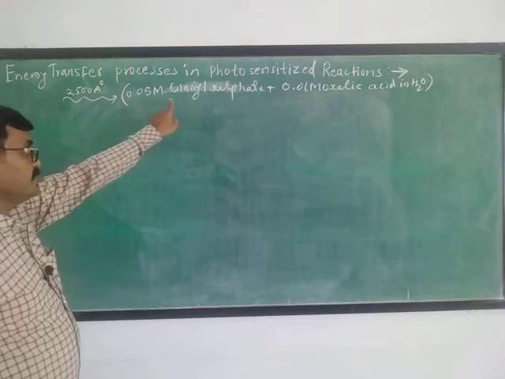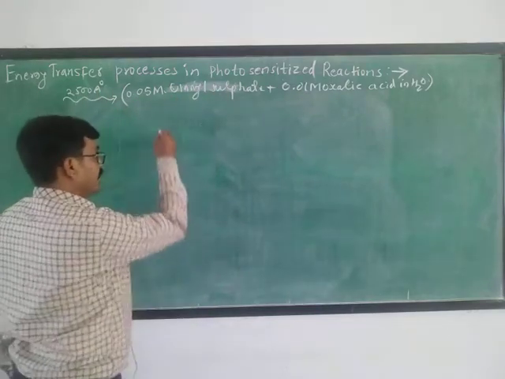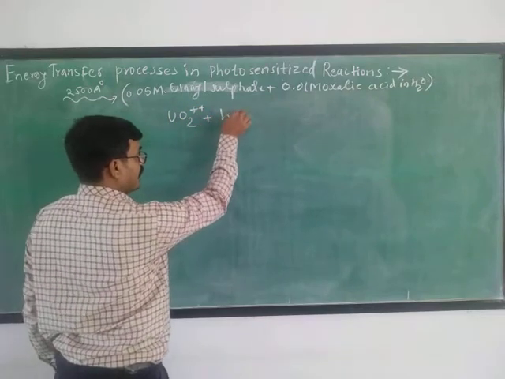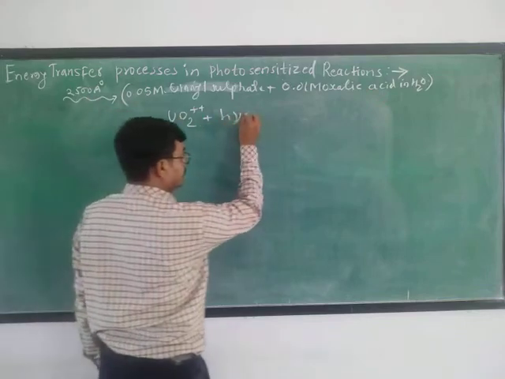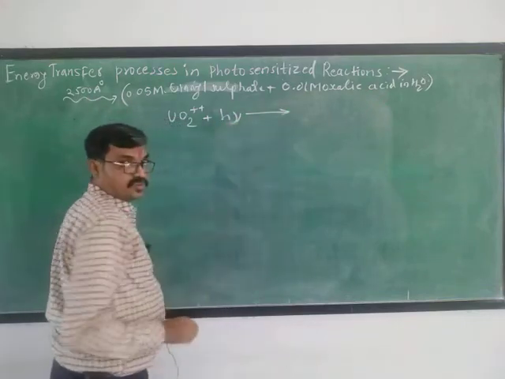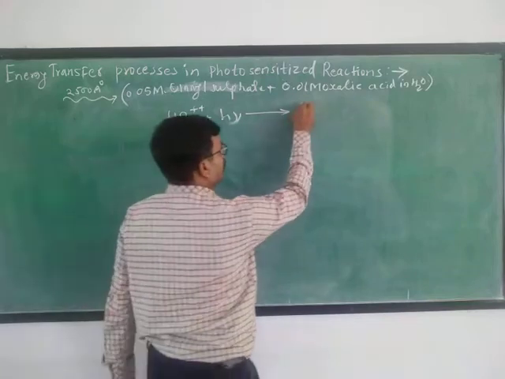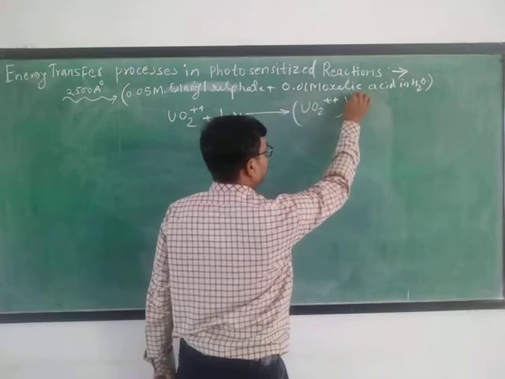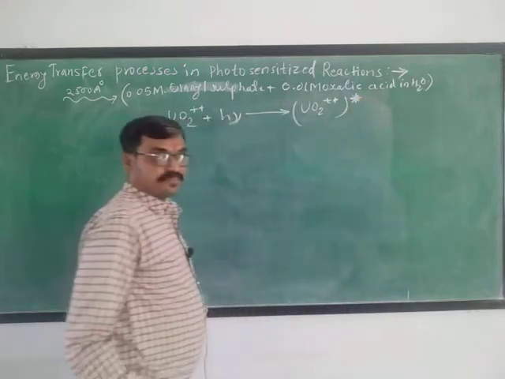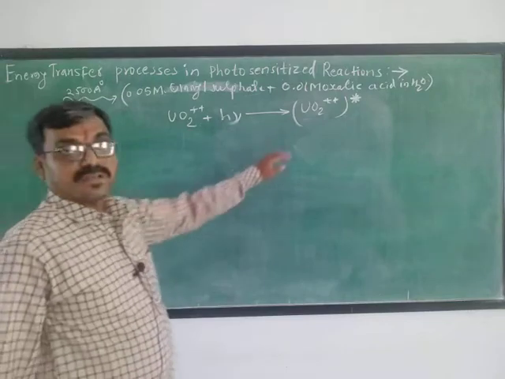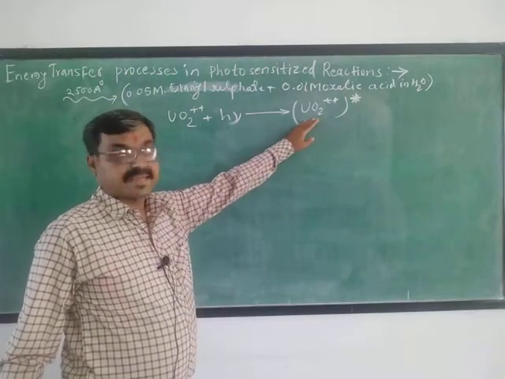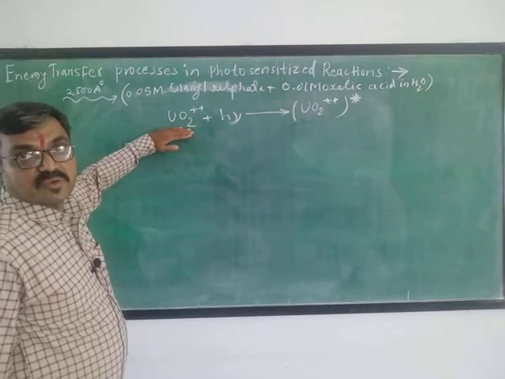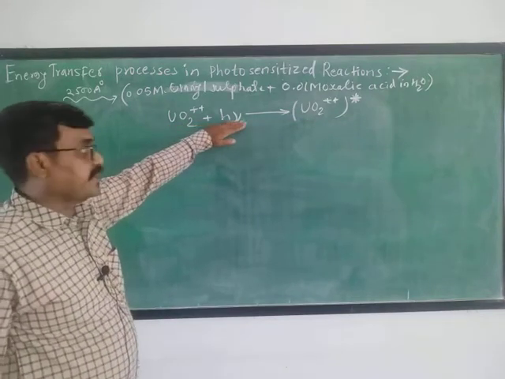When it falls, the uranyl ions from the uranyl sulfate, that is UO2 plus ions, absorb this wavelength of light, 2500, and go to the excited state. We indicate this by an asterisk, that is a star. These uranyl ions are in the ground state in the solution, but due to absorption they get excited.